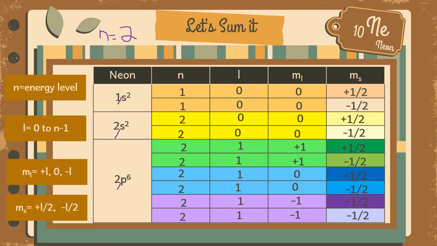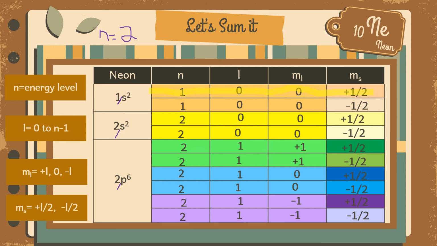Now, as you can see, every electron has different quantum numbers. The first electron present on the first principal energy level has this set of quantum numbers: 1 principal quantum number, 0 angular momentum quantum number, 0 magnetic quantum number, and positive 1/2 spin quantum number.